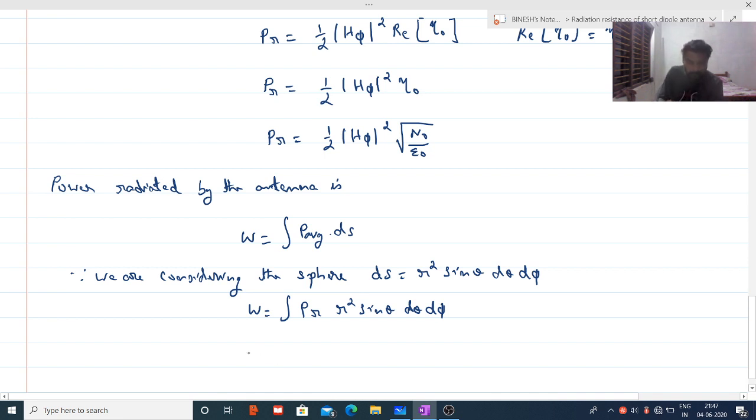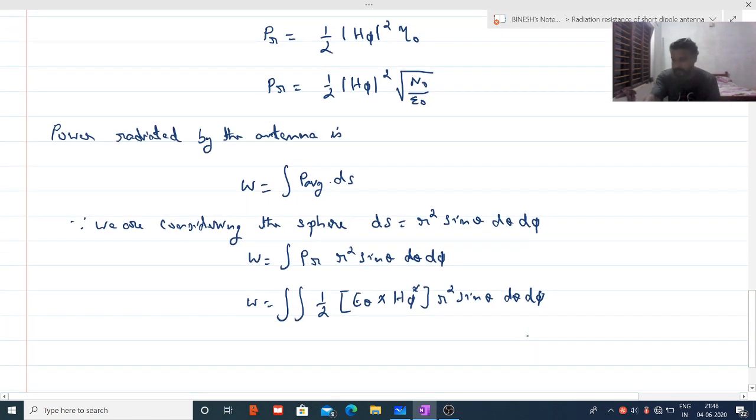So I will write W is equal to double integral of PR, which is nothing but 1 by 2 into E theta cross H phi star into r square sin theta d theta d phi.